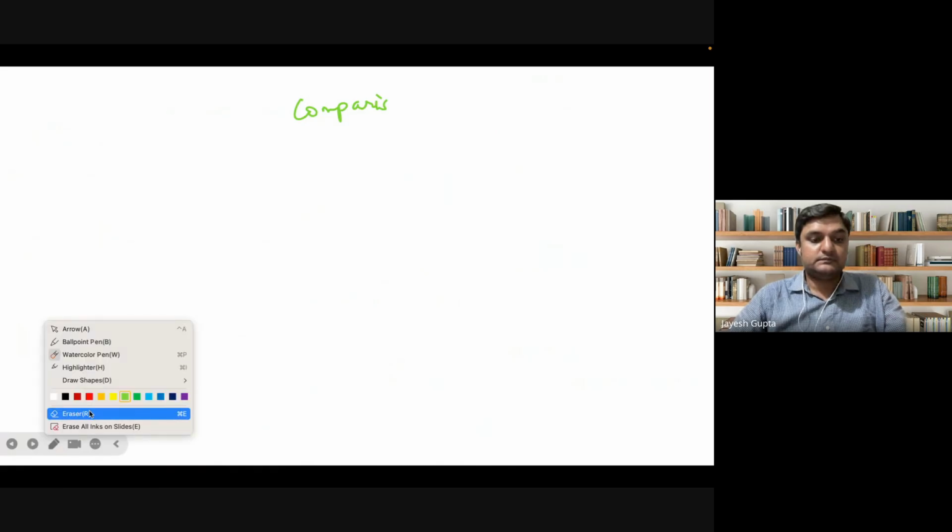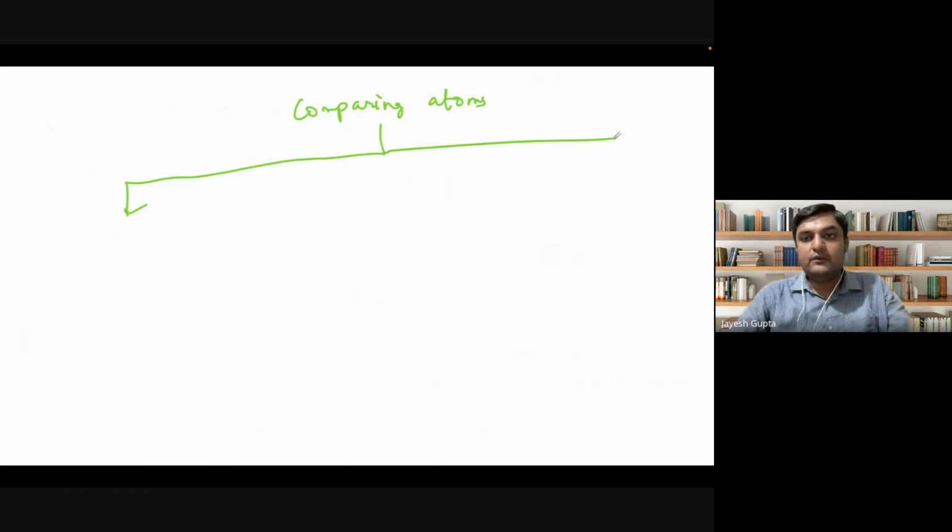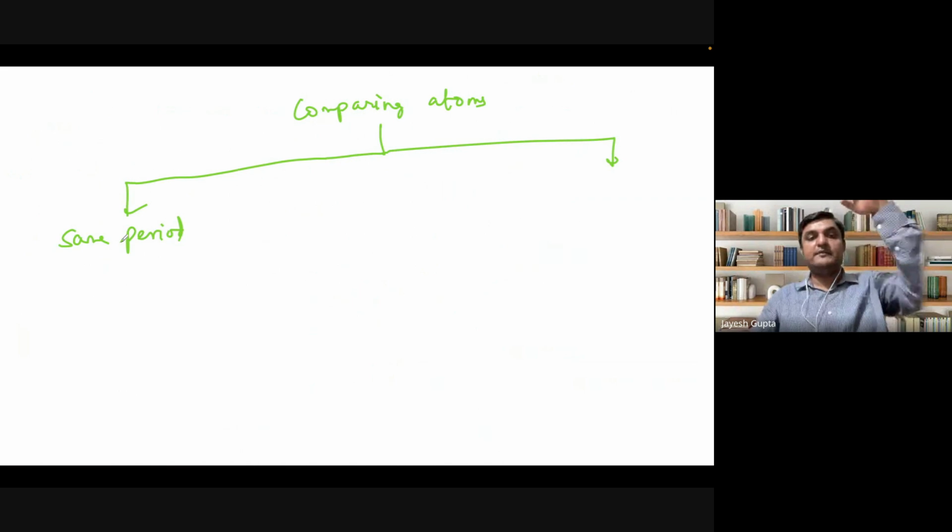Comparing atoms: they can be of same period or different period. For example, carbon, nitrogen, oxygen, fluorine, same period. But they can be of different period also. Fluorine, chlorine, bromine, iodine across the group.